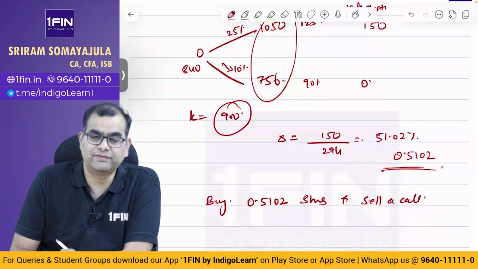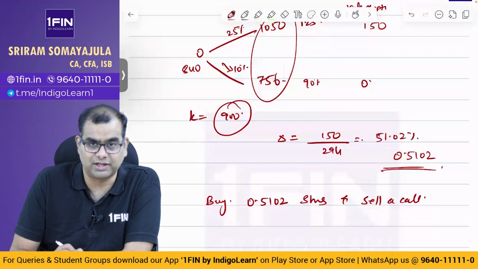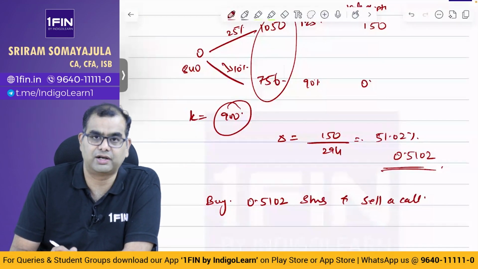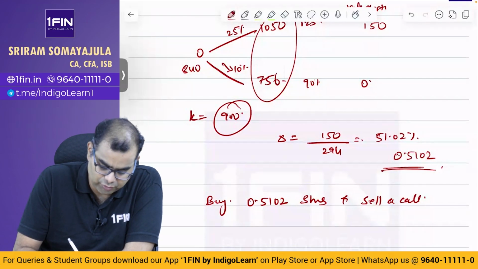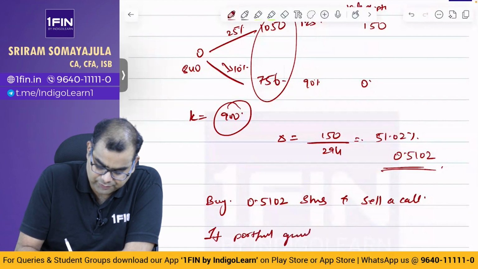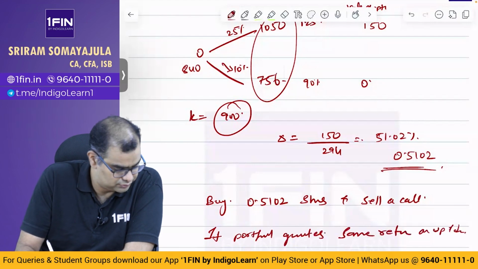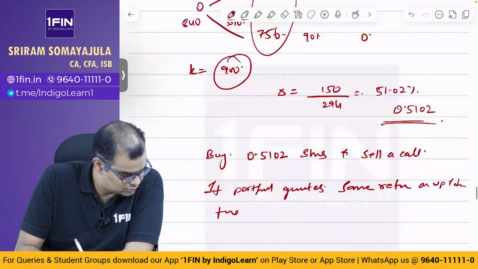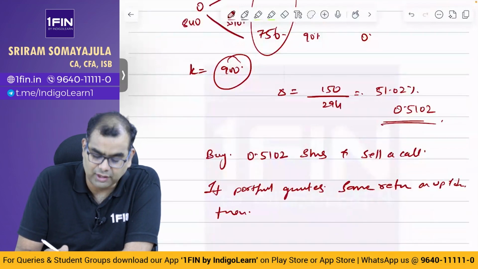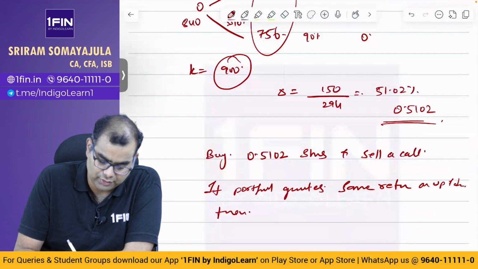Now, what is the logic for our delta hedging? If the portfolio generates the same return on up and down, then it is a risk-free portfolio.